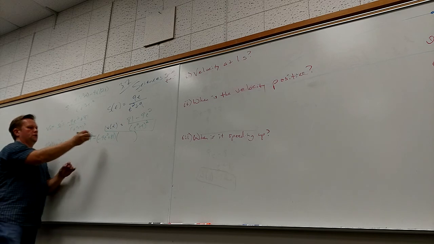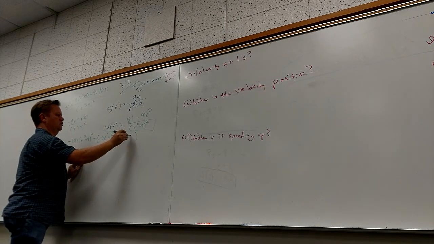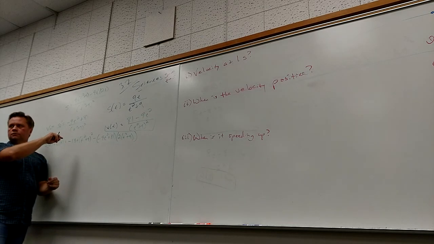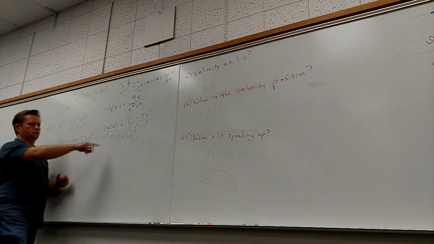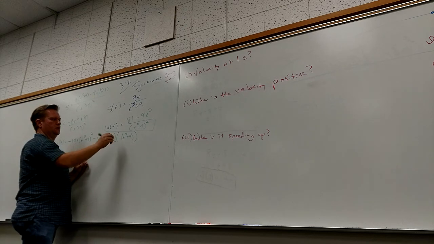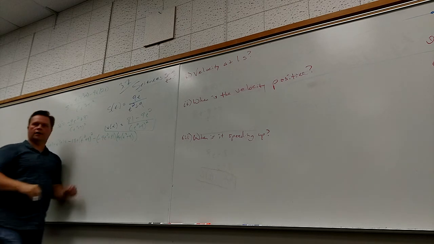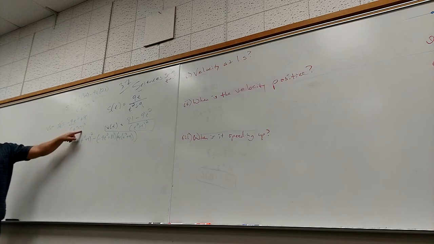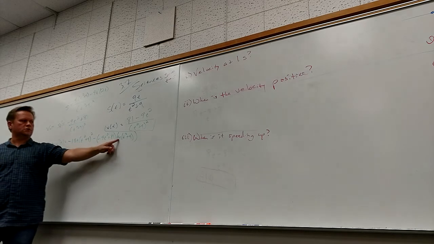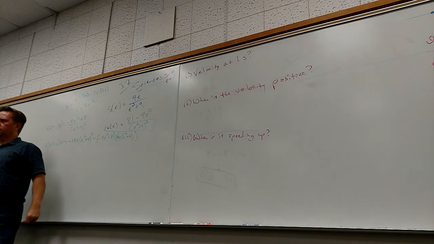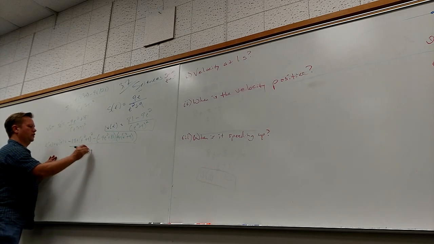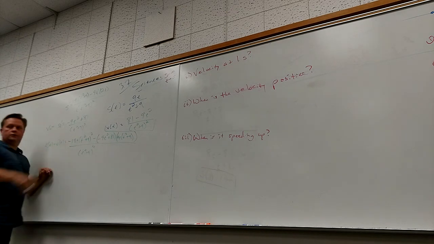So the 2 would come down, t squared plus 9, and the derivative of the inside is 2t, right? So the 2 comes down, times this to the first. Derivative of the inside is 2t. 2t times 2 is 4t. I just put 4t, all over t squared plus 9 to the 4th power now, sir.